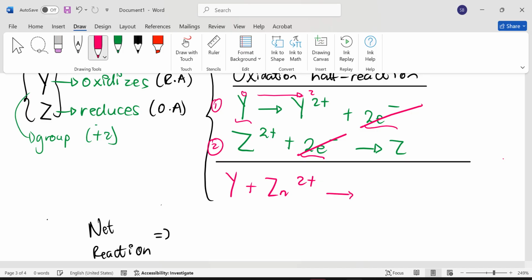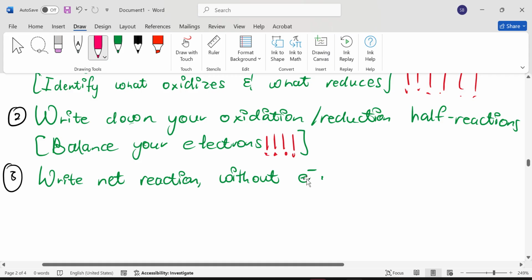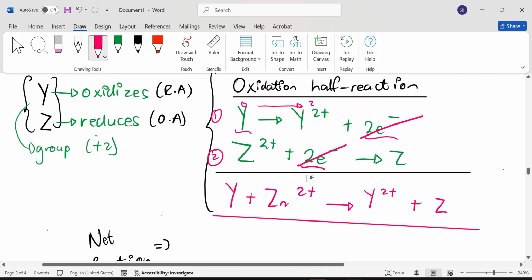I then say in equation 1, what is my product? Y2+. And in equation 2, what is my product? Zinc. And that is then my net reaction. Like step 3 says, write out your net reaction without the electrons. Alright, I really hope that was clear.